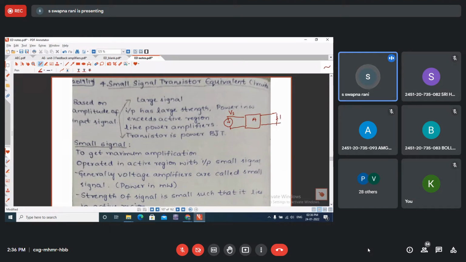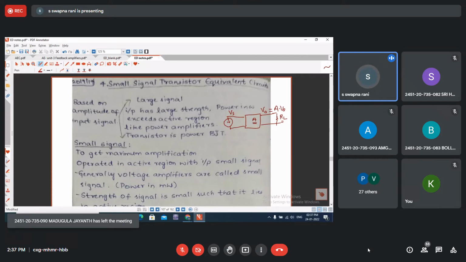And that amplified signal will be delivered to the load. If Vs is the input signal coming from the source, and A is the gain of that particular amplifier, then the output signal is going to be A times Vs. This is the amplified signal which will be delivered to the load.